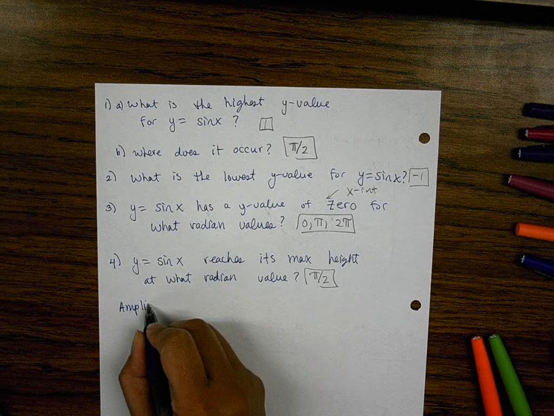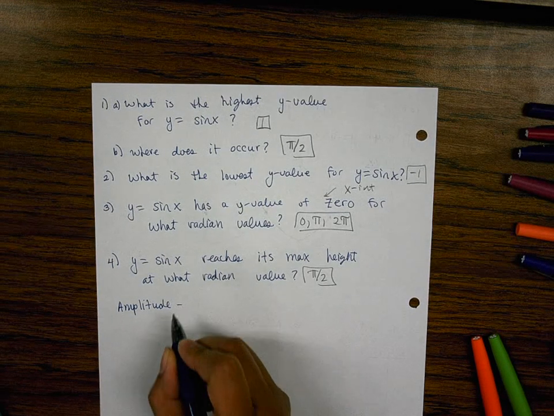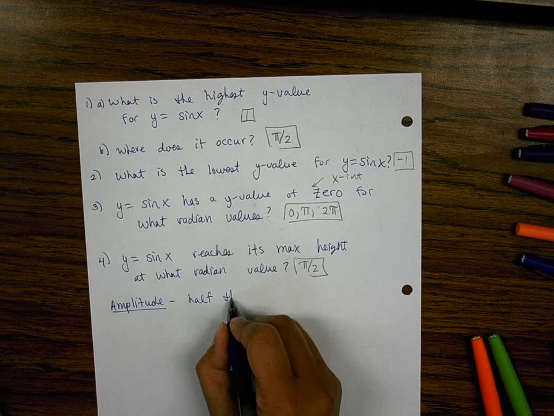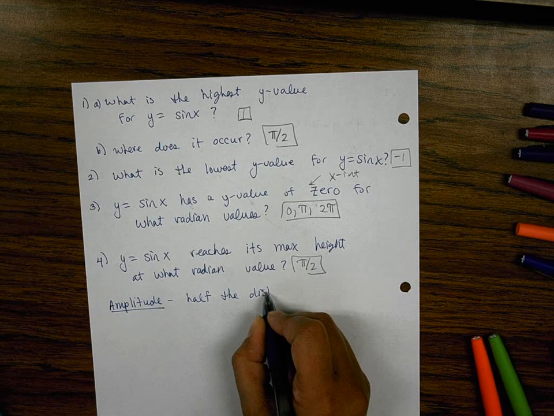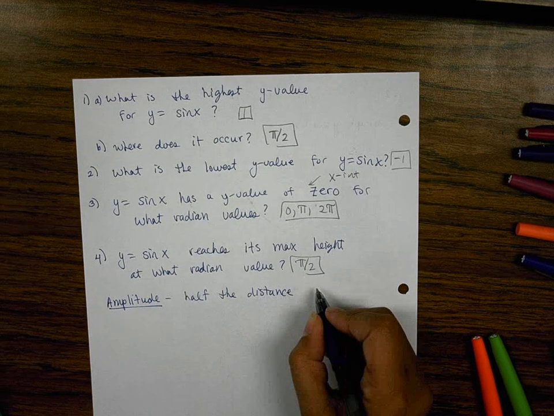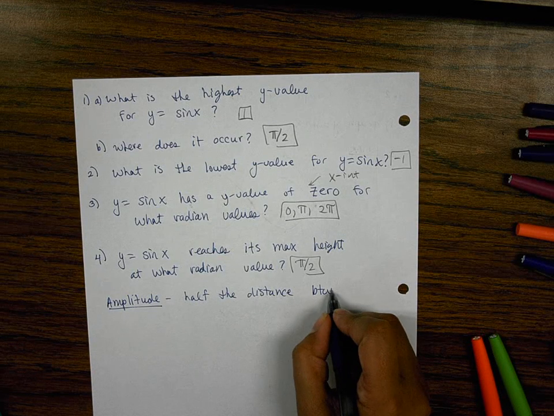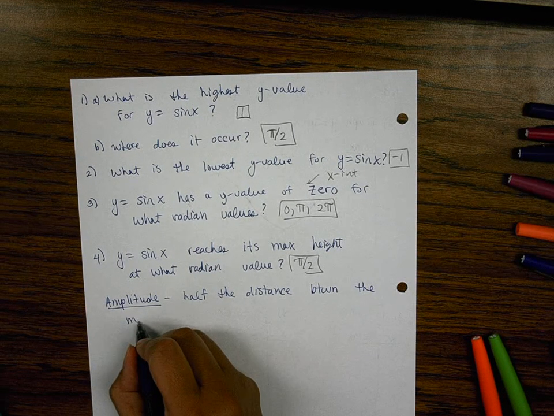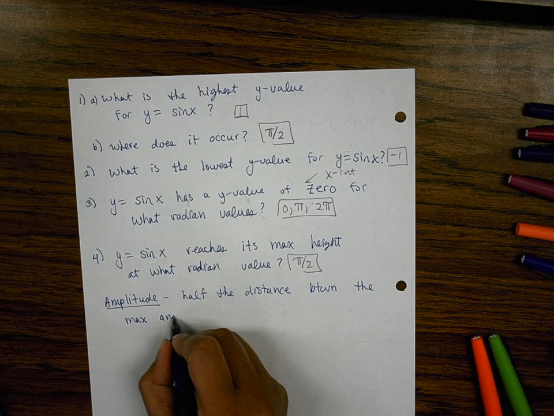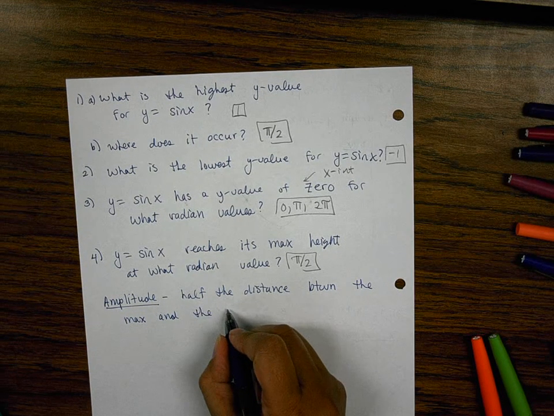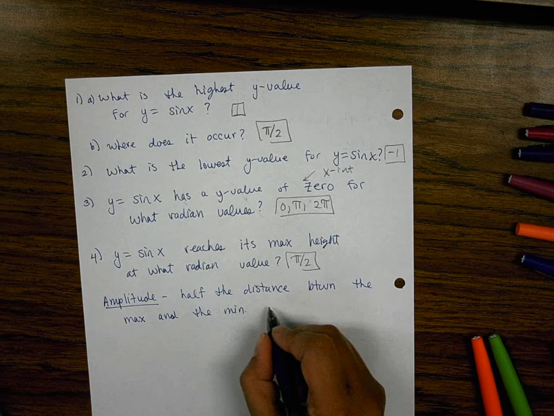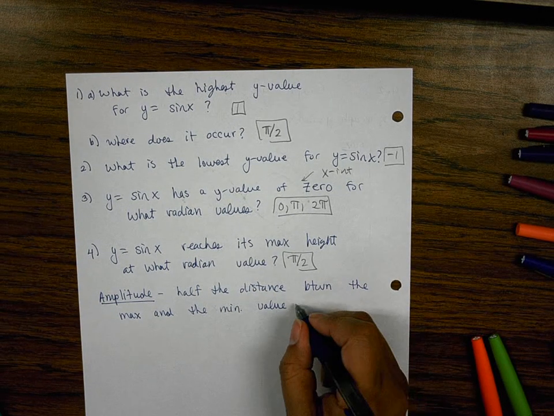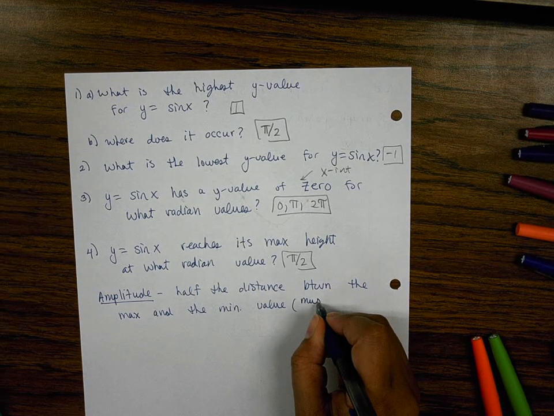All right. Next piece is amplitude. Amplitude is half the distance between the max and the minimum value.